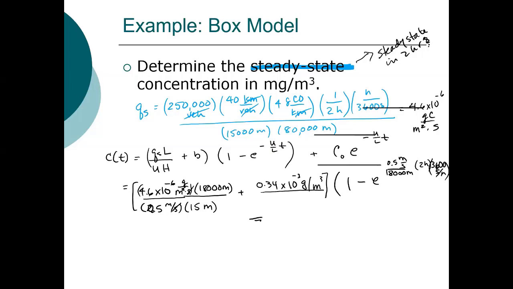And we solved that, and I actually do not have this solved because I wrote it as a steady state. And really, in 2 hours, you're not going to have steady state conditions. So I will add the answer to this in the notes.